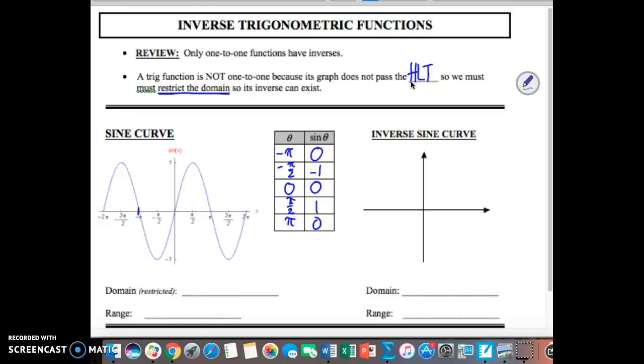Looking at this, if we start from a y value of negative 1 and go up to a y value of positive 1, and continue graphing, our function will not pass the horizontal line test. So we need to restrict our domain to negative pi over 2 to positive pi over 2.